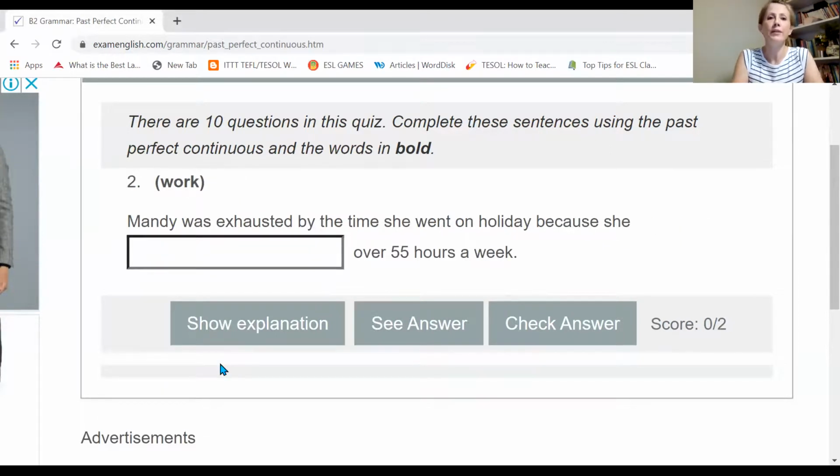Mandy was exhausted by the time she went on holiday because we have to use the word work over 55 hours a week. So what do we say? She had been working. So what did I forget? Yes, I forgot the contraction. So we say she'd been working over 55 hours a week.